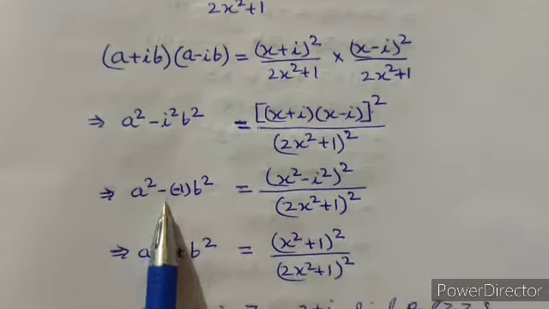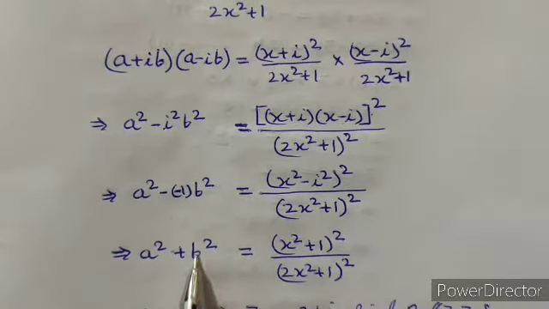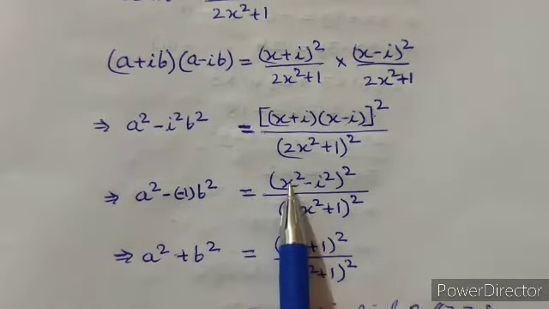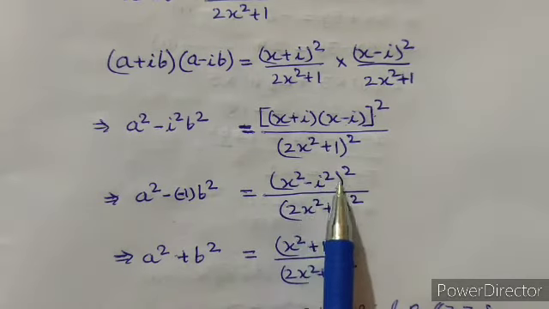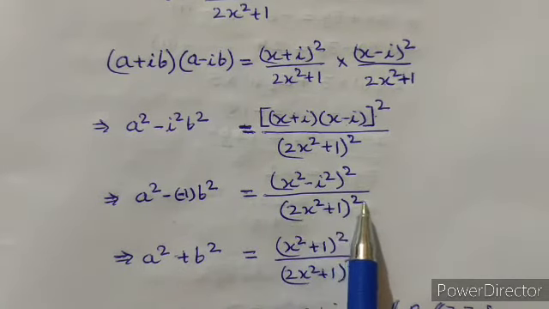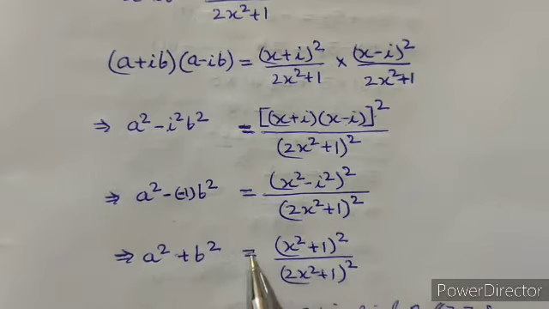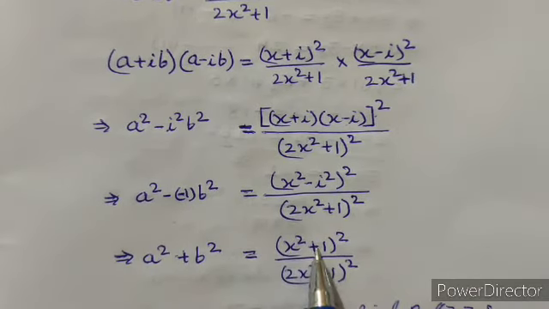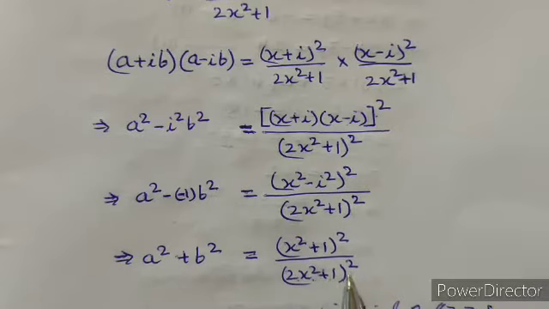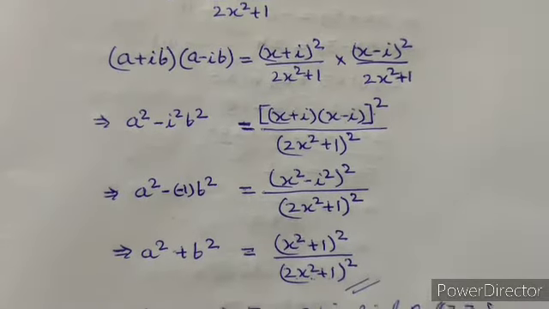So this will be equal to a square + b square equal to (x square - i square) whole square upon (2x square + 1) whole square, and that will be equal to (x square + 1) whole square upon (2x square + 1) whole square, which we had to prove.